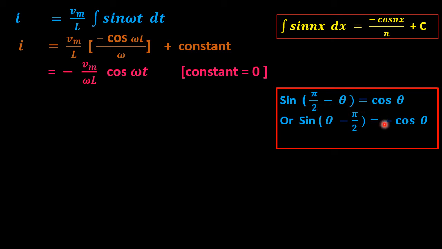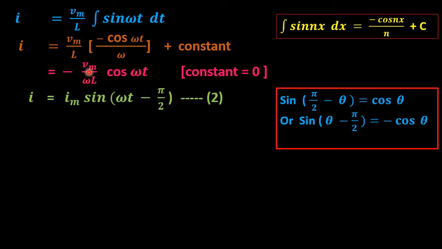And if we write minus cos theta in terms of sine, then it will be sine of theta minus pi by 2. So here we apply the second formula. Minus cos omega t will be sine of omega t minus pi by 2. So the final expression for the current will be I equals Im sine of omega t minus pi by 2. Let this be equation number 2.